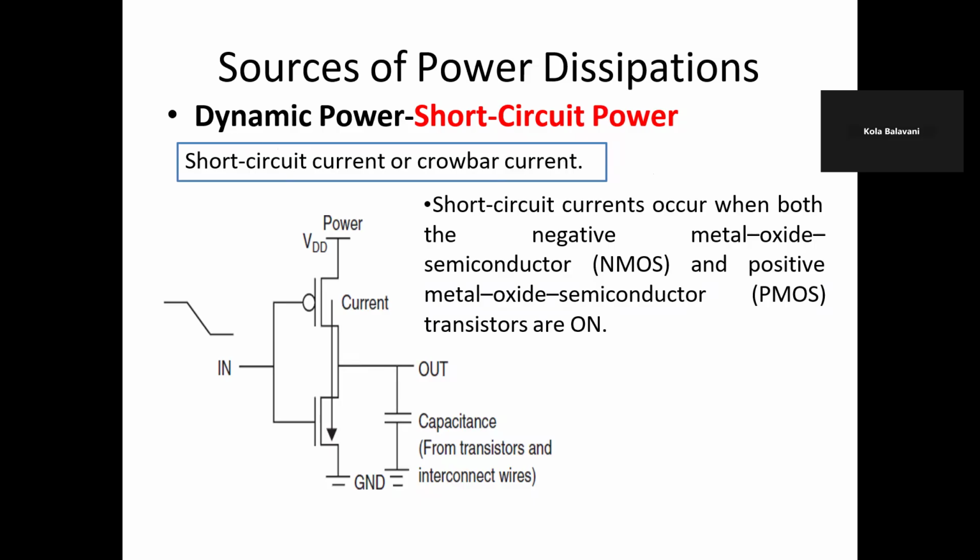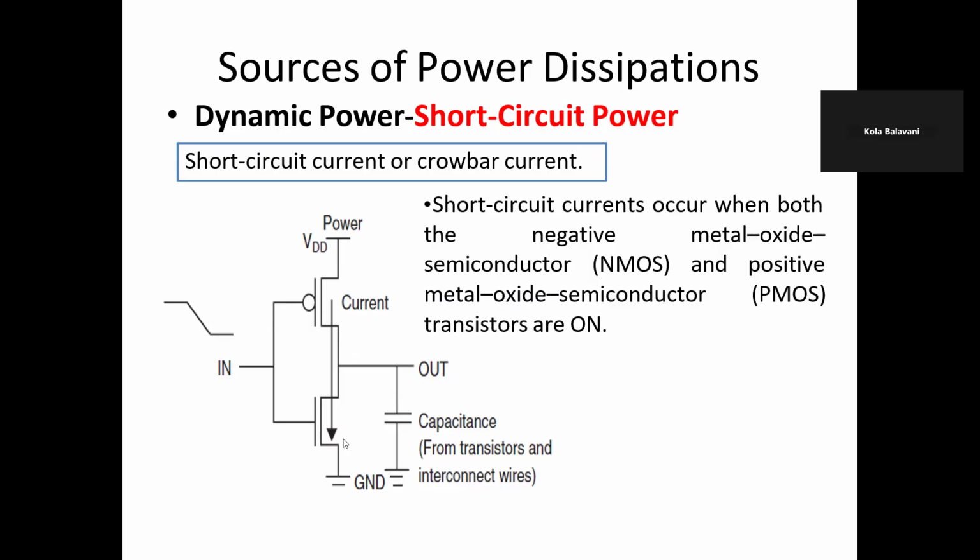Dynamic power dissipation means the device is in the active state and the signals are changing their values. It is categorized into majorly three types: switching power dissipation, which we already discussed in the last session, the present short circuit power dissipation, and one more type, glitching power dissipation. Coming to short circuit power dissipation, it occurs in the CMOS circuit.